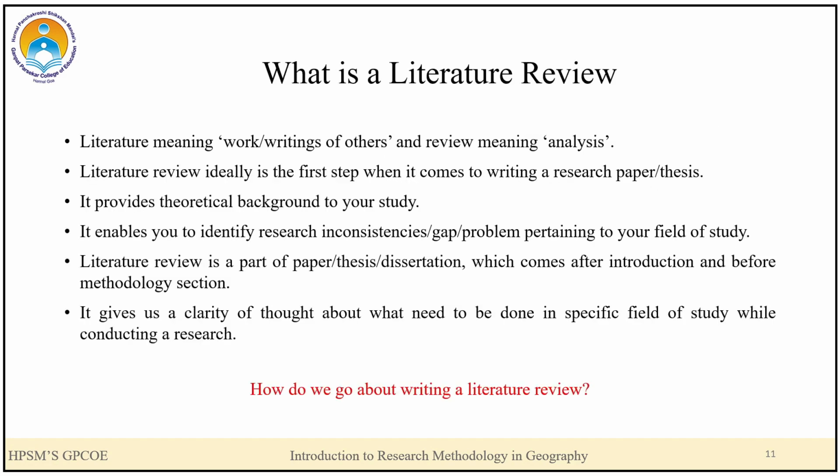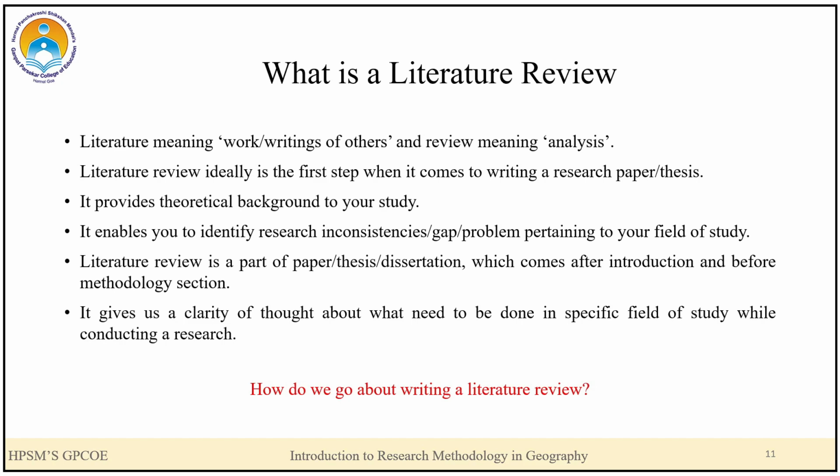Now, what do you mean by literature review? Literature means work or writings of others and review means analysis. Literature review ideally is the first step when it comes to writing a research paper or thesis. It provides theoretical background to your study. It enables you to identify research inconsistencies, gaps, and problems pertaining to your field of study.